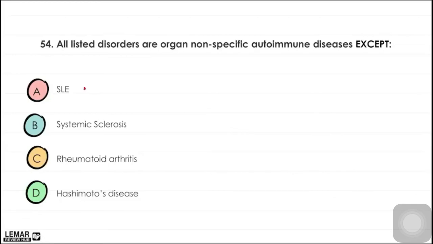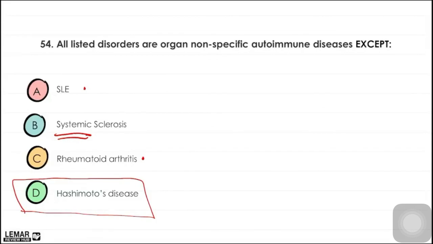So these we are sure are not organ-specific autoimmune disorders, because from the word systemic, it is an organ non-specific autoimmune disorder. The Hashimoto disorder is actually the answer for number 54.